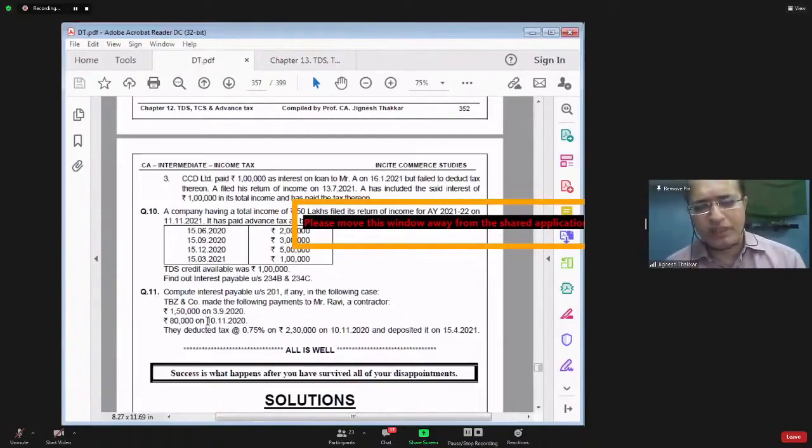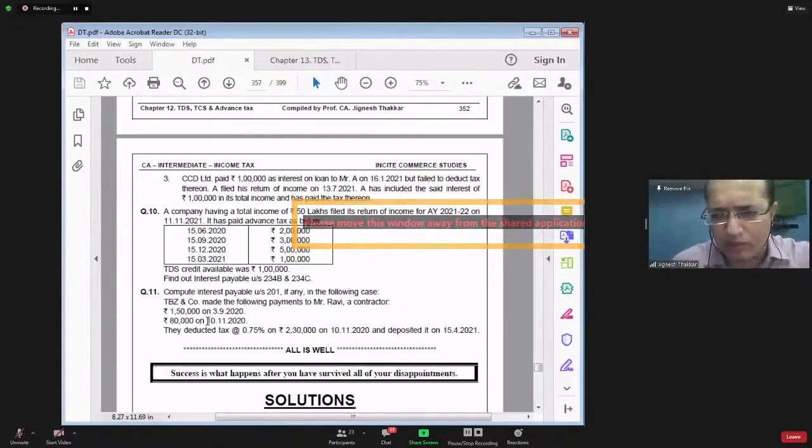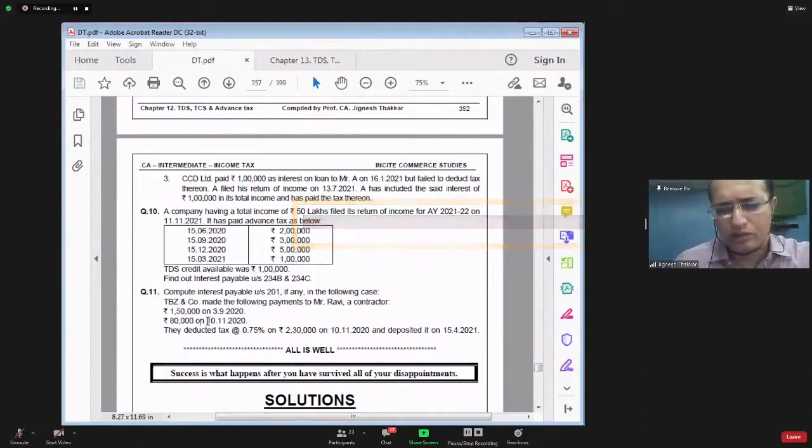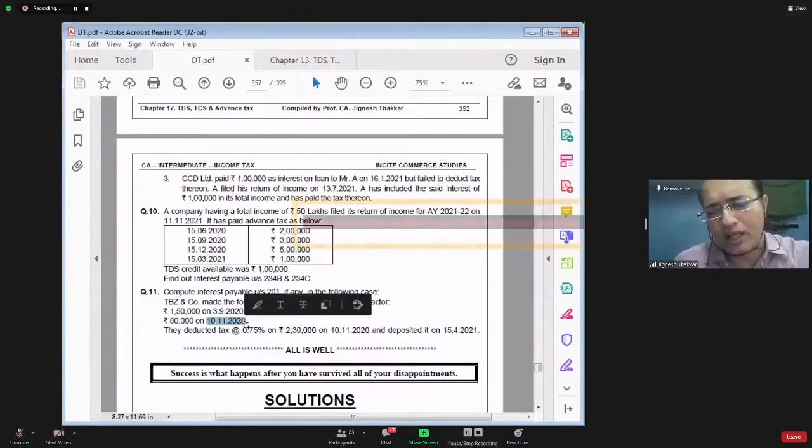So government's money was lying with the payer right from the date on which tax was deducted. So for calculating interest, you should not take the period from 7 December. You should take from 10 November only. Do you remember I gave the example to make you understand this?